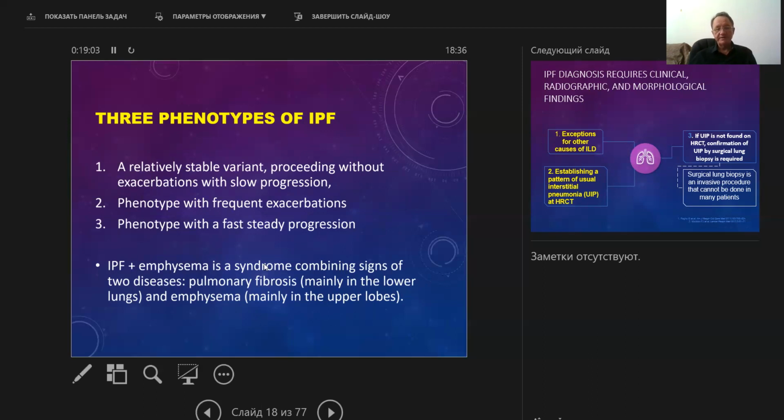The second phenotype has frequent exacerbations, and another has fast, steady progression. And a separate phenotype is the combination of IPF and emphysema, when pulmonary fibrosis mainly affects the lower part of the lung, and emphysema you can detect in the upper lobes.